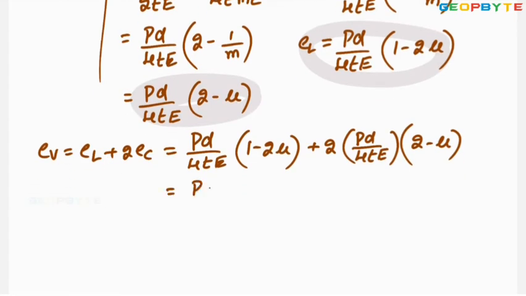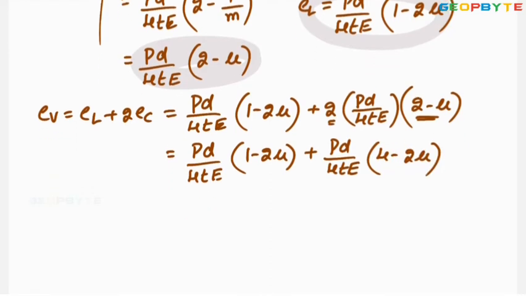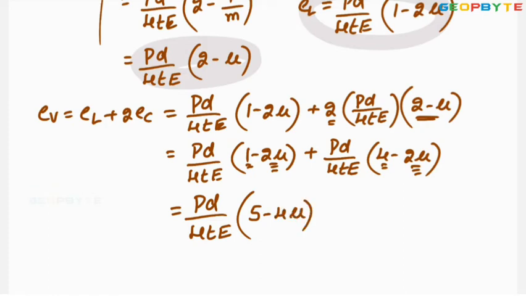So it can also be written as PD by 4TE into 1 minus 2 mu plus PD by 4TE into, multiplying the inner value with the 2, 4 minus 2 mu. Let us write the PD by 4TE outside. Here 1 plus 4 equal to 5, minus 2 mu minus 2 mu, minus 4 mu, where mu equal to Poisson's ratio.